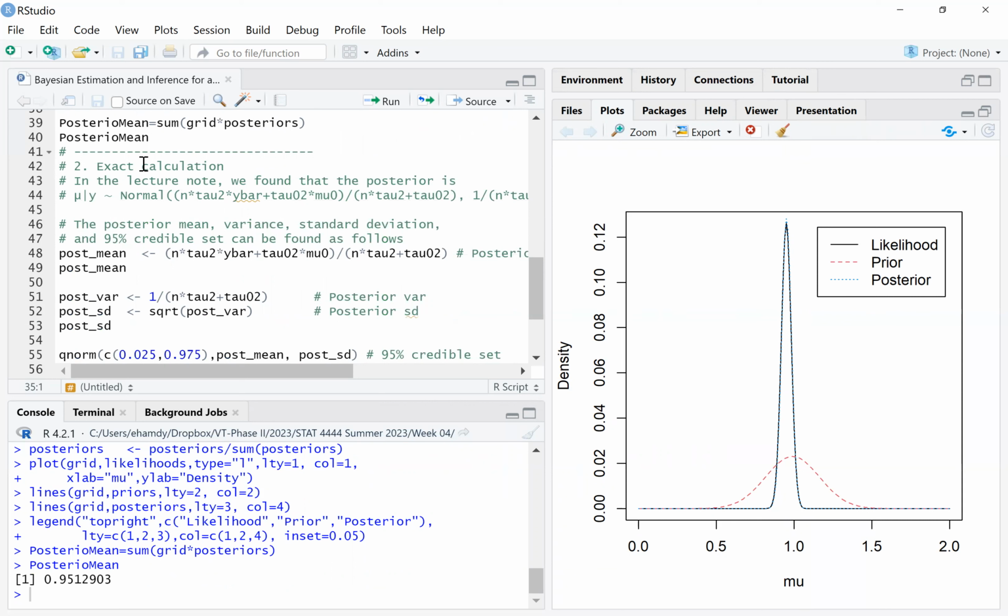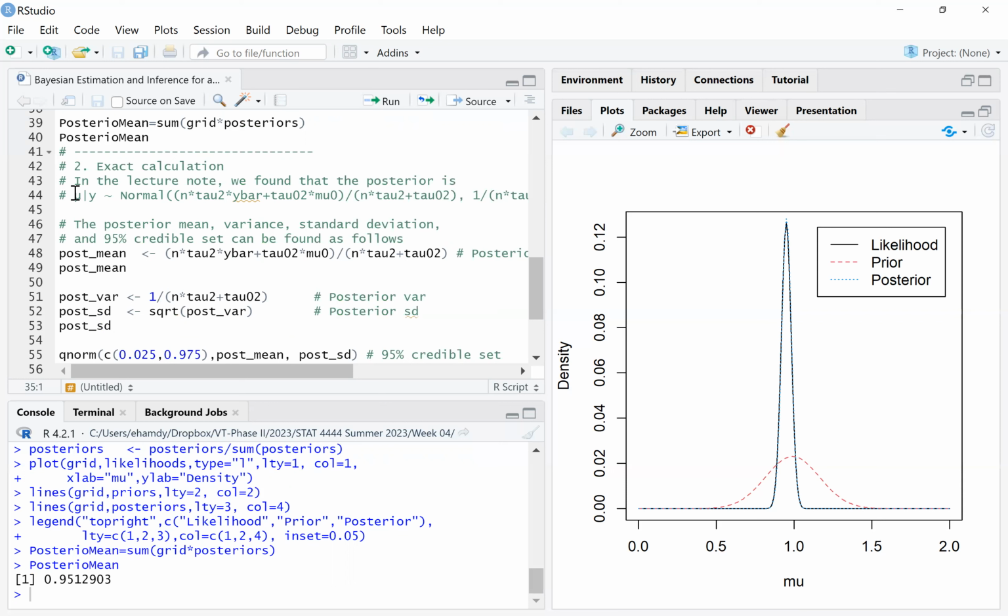So in our lecture note, we worked with the normal distribution as the data distribution, and we found the likelihood is a kernel of normal distribution, and we assign prior distribution for the population mean normal with mean mu0 and tau square is 1 divided by sigma square.